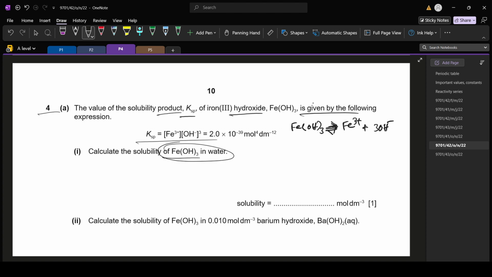This will be the reaction, and you are told to calculate the solubility of this iron 3 hydroxide.